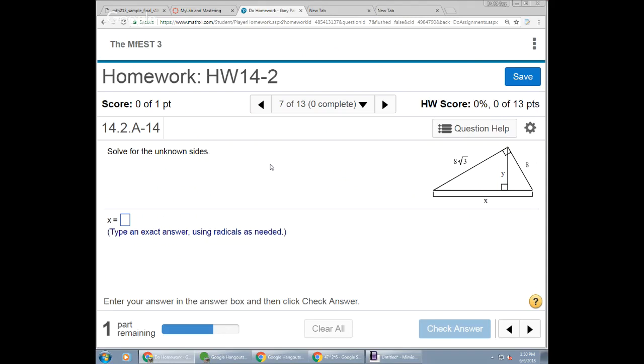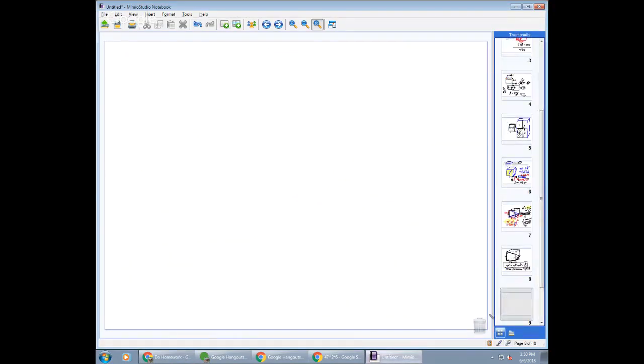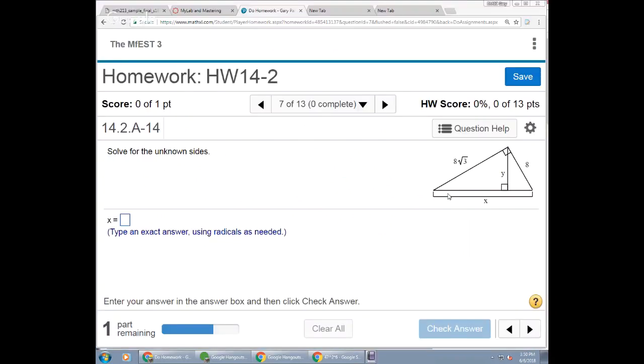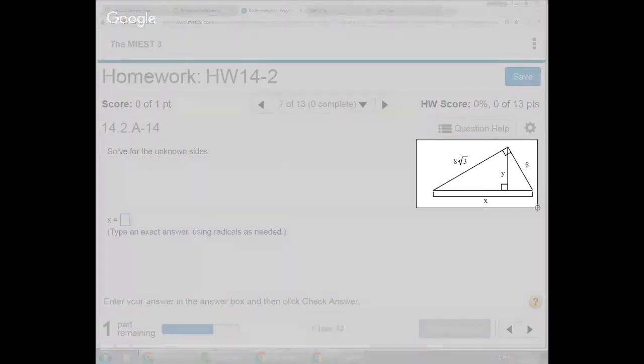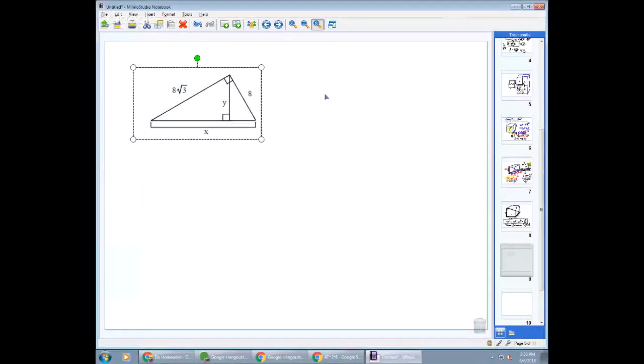Let's try it. We want to find X and Y here. So this is like a puzzle. So this is number 7 in the homework for 14.2.